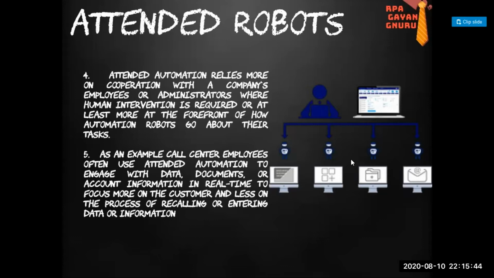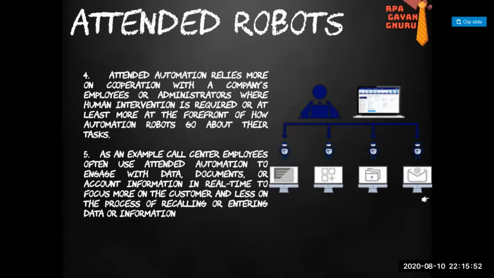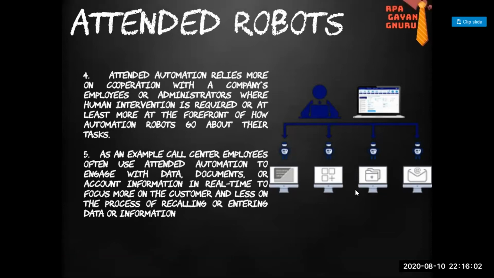And this employee has three or four screens open on his laptop or desktop, where maybe he has an email program open, some files open, a CRM program and a finance program open, and he's trying to see whether the request has indeed been cancelled and whether the refund has been processed or not. So he's actually navigating between two, three programs because the customer is saying, I sent you the email, check for me and give me the reference number.